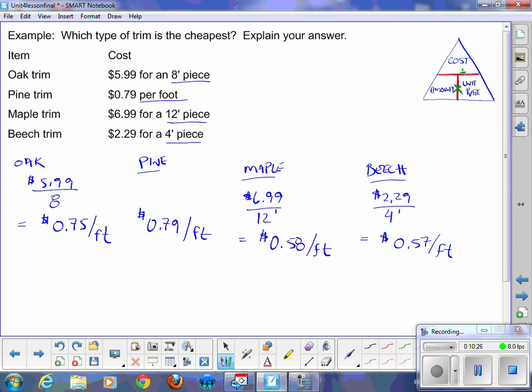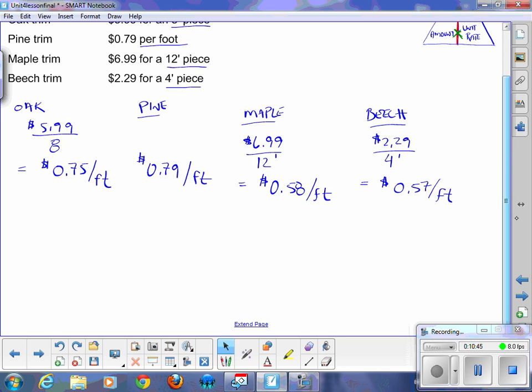So typically, I would be shocked if pine was at 79 cents per foot, because usually your pine is your best deal. However, in this case, some people have got a markup going here. All right. So the best deal, when you look at your 4 options, is in fact the beech, and maple is pretty close.